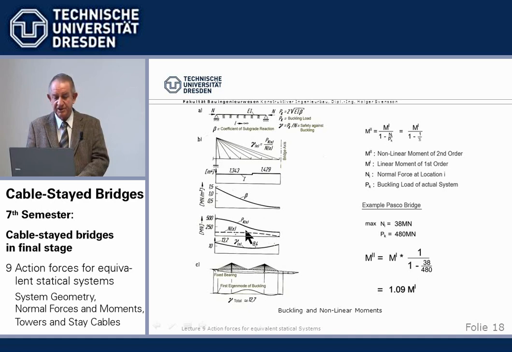We have an increase of normal force over the length of the bridge. And if we calculate for every place from here, E is given, the I is constant, the beta increases, then we get a safety against buckling. We first calculate the buckling load itself from this formula, and then compare that with the actual normal force. Then, of course, because all that varies, it's not constant.